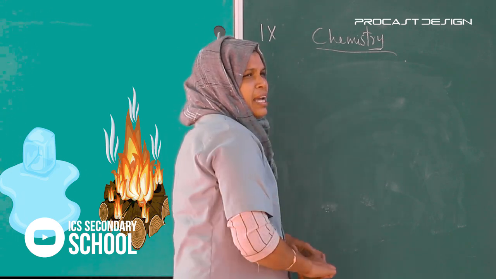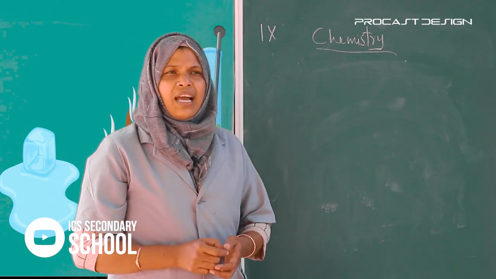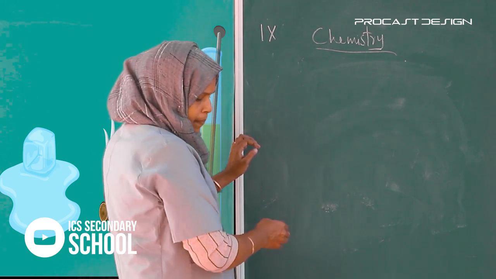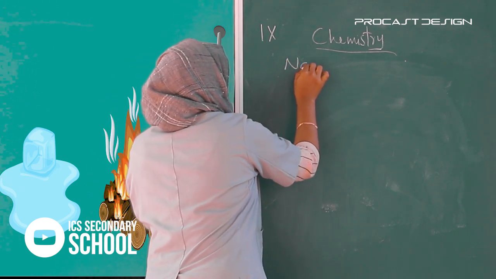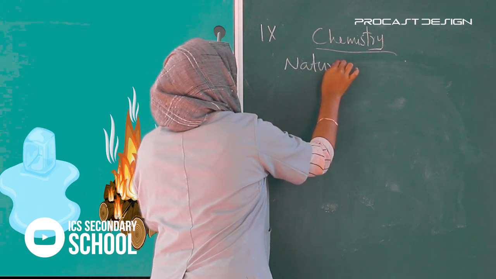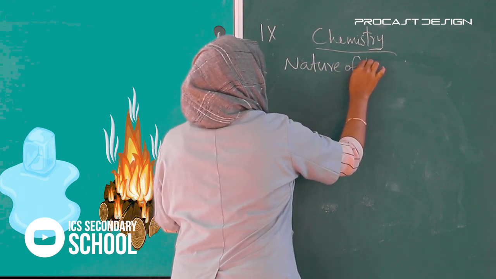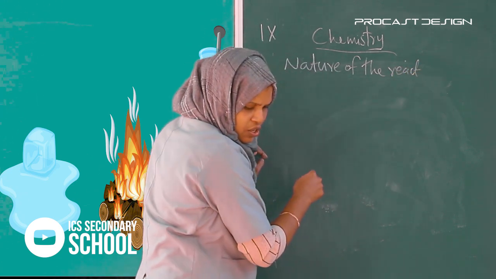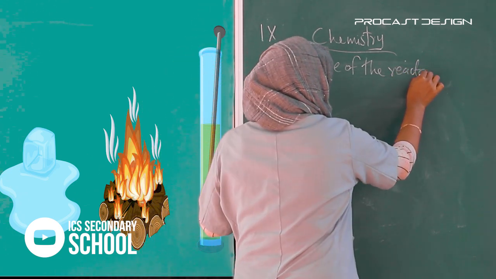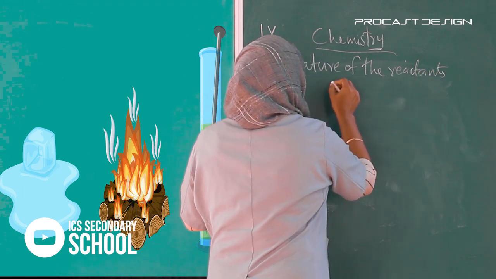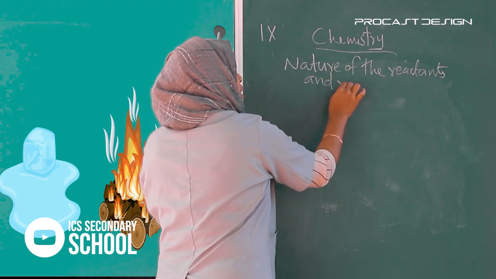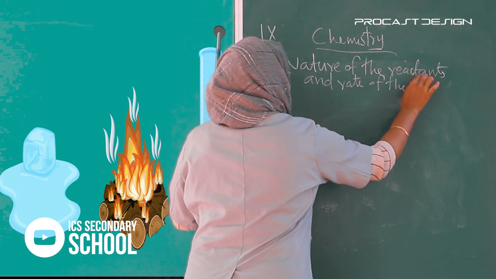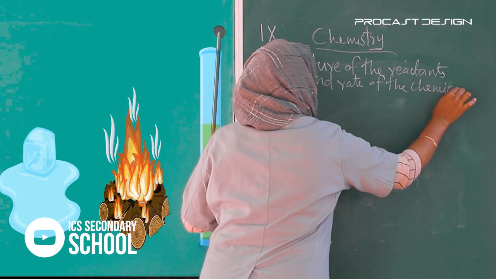First one is nature of the reactants and the rate of the chemical reaction.